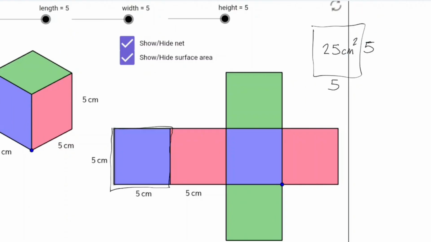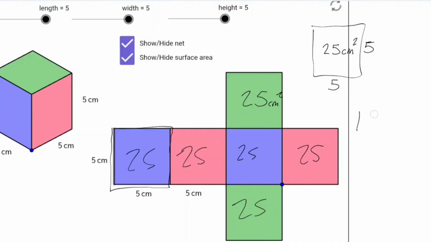The surface area is the total area of all the flat faces of the 3D shape. So the area of all of these 6 faces, if we find the area of one face, we can just multiply it by 6, because all of these have the same area. So all of these are 25 centimeters squared. If we know that, we could just add them together: 25 plus 25 plus 25, and so on, which equals 150 centimeters squared.